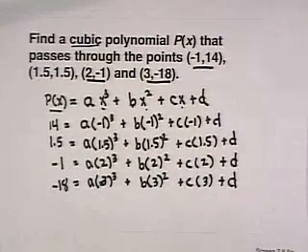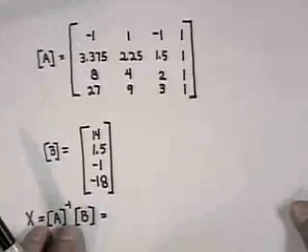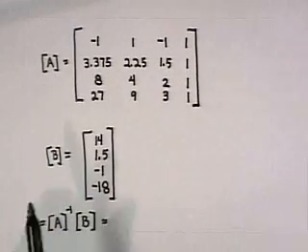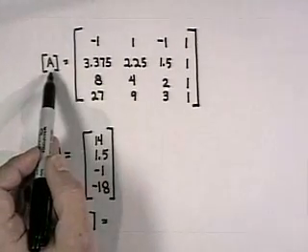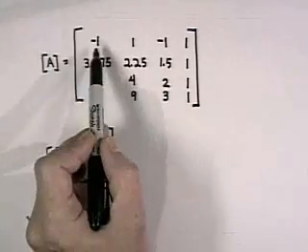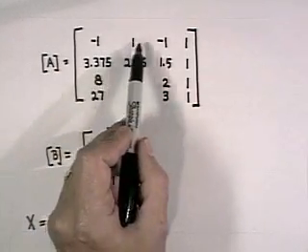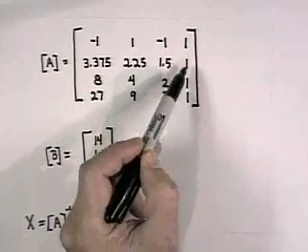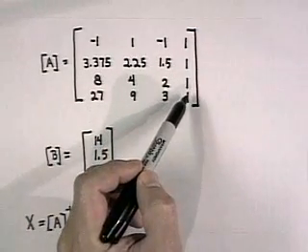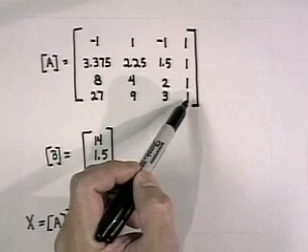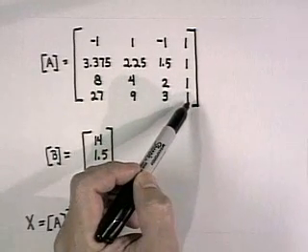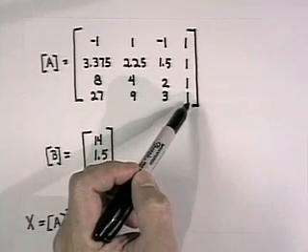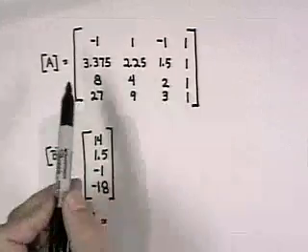I've gone ahead and done that for you, and this is what that looks like. Our first matrix, a matrix of coefficients, ends up looking like this: -1, 1, -1, and 1. Do you know why that whole column is ones? It's because those are the D's, and they didn't get multiplied by any of the X values in this problem.